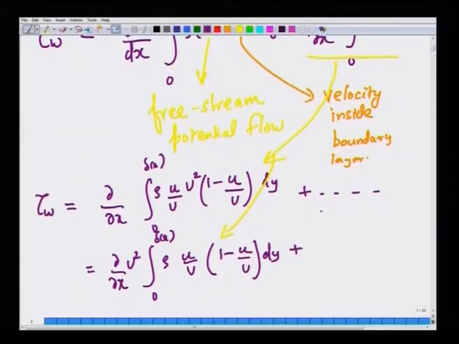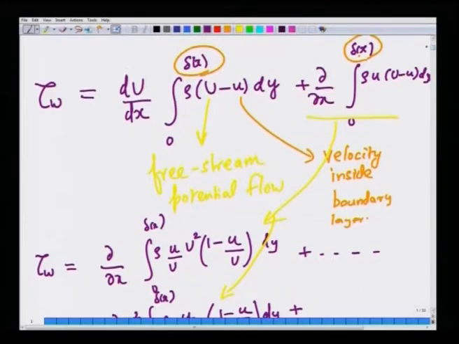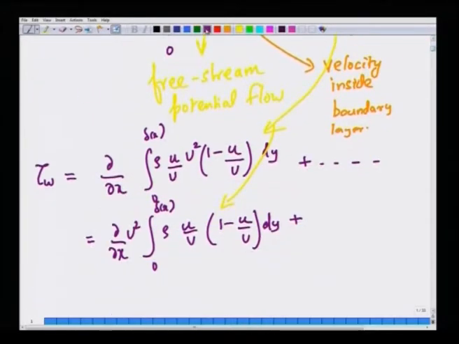Now, the first term can be simplified as follows. If you look at the first term, you have u du dx. So, I can again pull out a factor of capital U and write this as du dx times integral 0 to delta, u times 1 minus rho times 1 minus u by u dy.